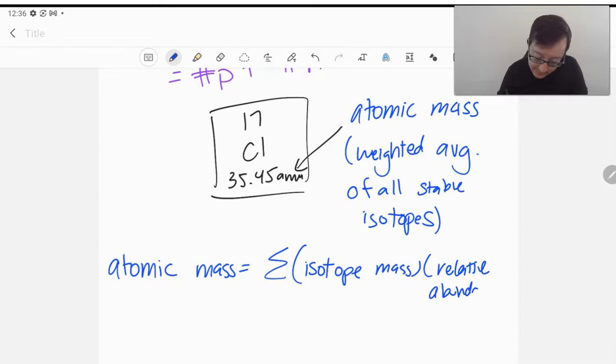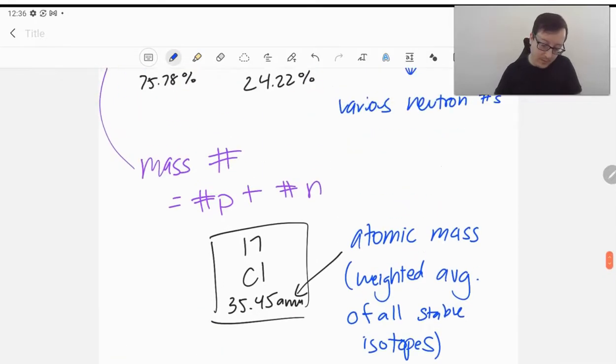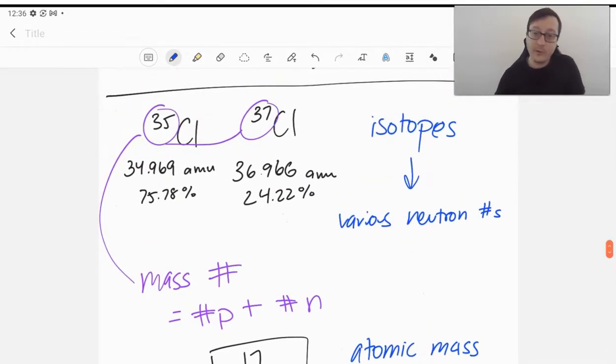So in nature, we're going to see that certain isotopes are more common than others. For example, with chlorine, about 75% of all chlorines will be the chlorine 35 isotope. And about 24% will be chlorine 37. And as you can see, those two numbers add up to 100%. We don't really see any other stable isotopes of chlorine.